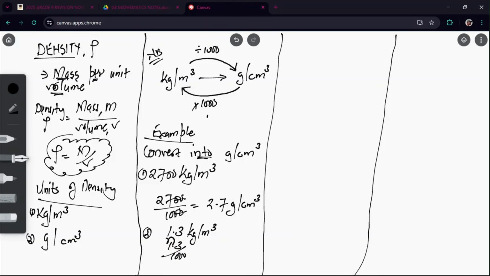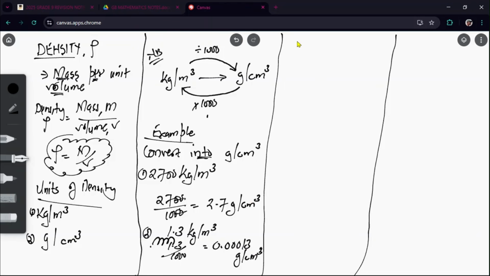Let's move 1, 2, 3, 4. That you have 1, 2, 3 in between. You have 3 zeros. So you'll have 0.0013. This one is grams. Let me write the units here, grams per centimeters cubed. So that is simply what you have.